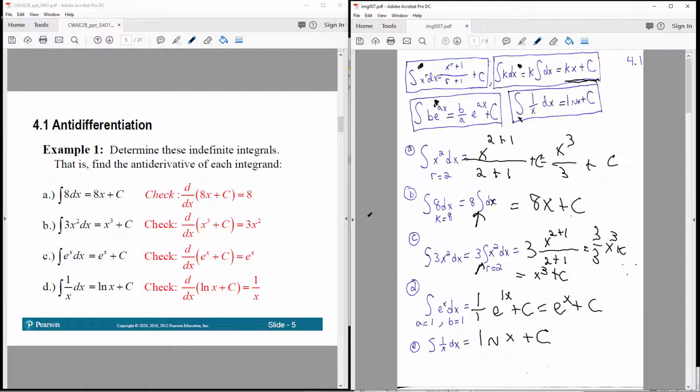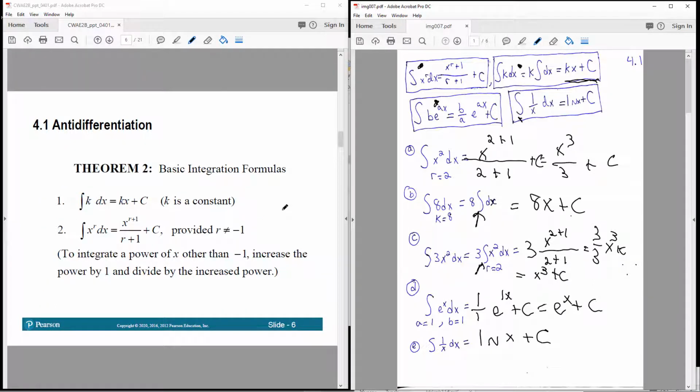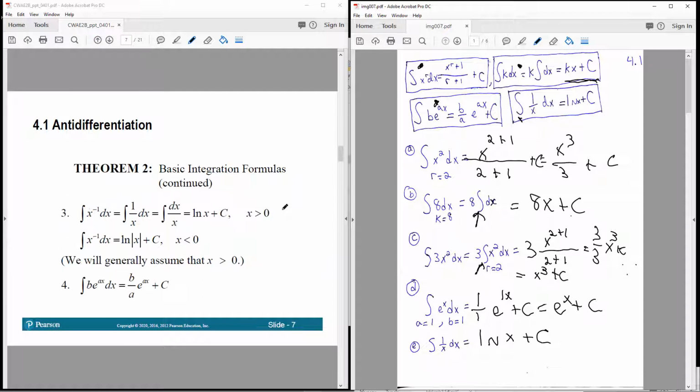Let's look at another one. So you see some more rules there. Integral for a constant. There's the power rule right there. Now it appears that it works for everything except for -1. When r is -1, we have a special case, and that's when you have the log.